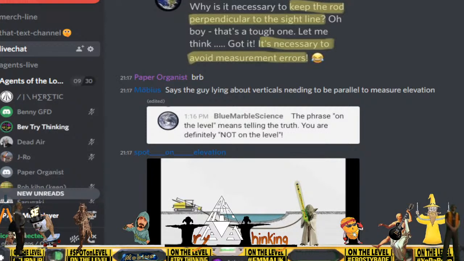The not level. The non-level. No, wait a minute. We'll use the level. Oh, wait a minute. But those levels establish horizontal planes. How could you have put yourself in this position, Blue? How's it possible?